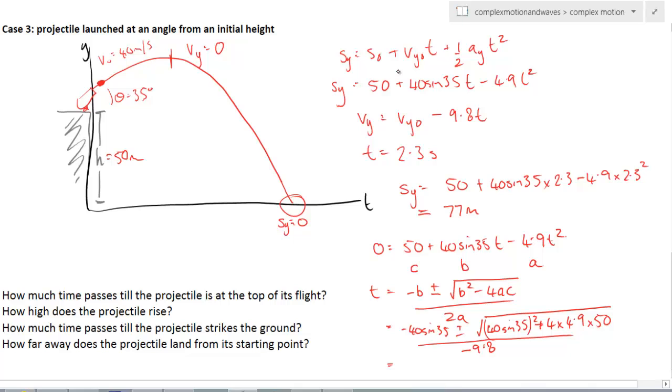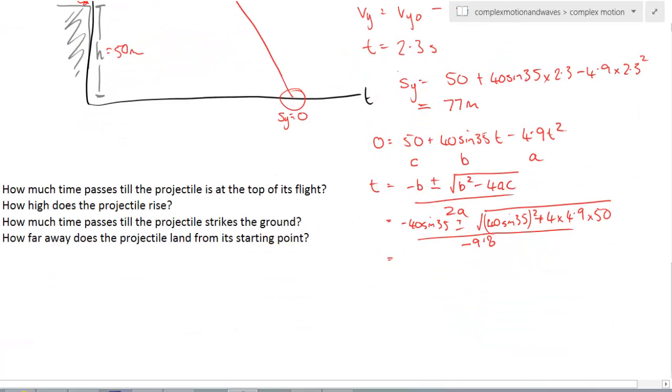So I'm going to evaluate what minus 40 sine 35 is, and it's about 22.9. But I'm going to keep that in the calculator so I can use it further on, just so that you figure out how this goes. So we've got 22.9 here, all squared, plus 980 when you put all that out, and minus 9.8.